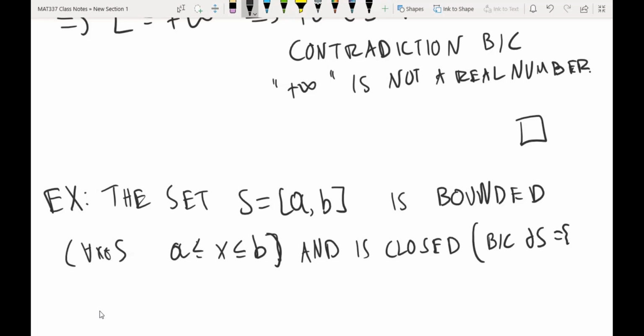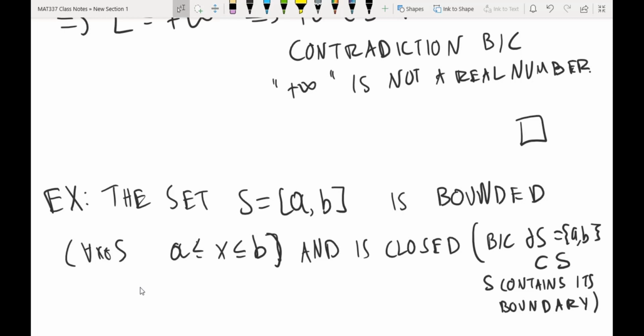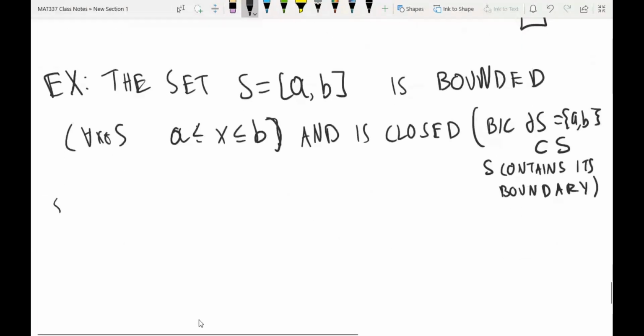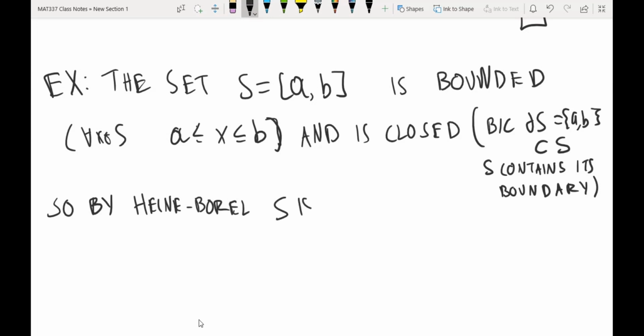Because the boundary of S is a and b, and it's inside S. So by Heine-Borel, S is compact.